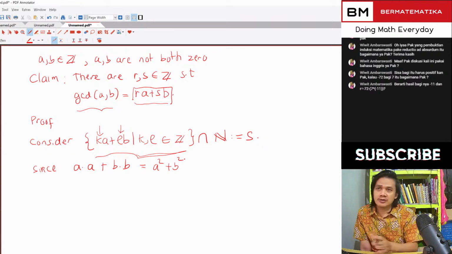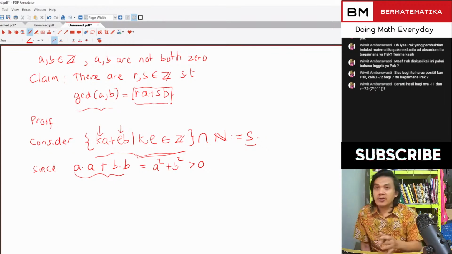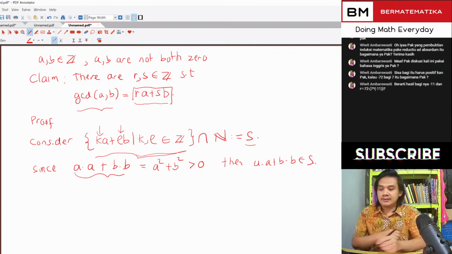If one of them is non-zero, then the expression A squared plus B squared is definitely positive, right? So therefore, this guy is an element of S. So we know that S is non-empty.